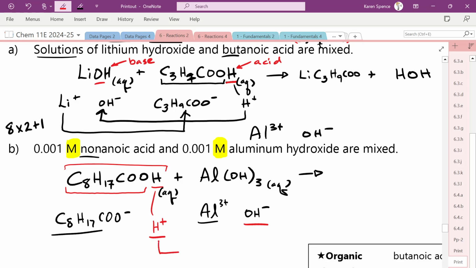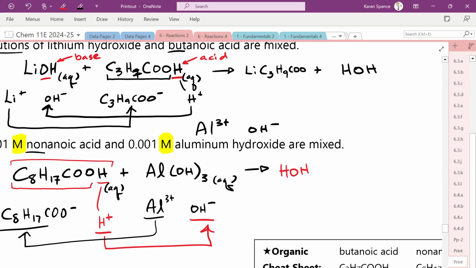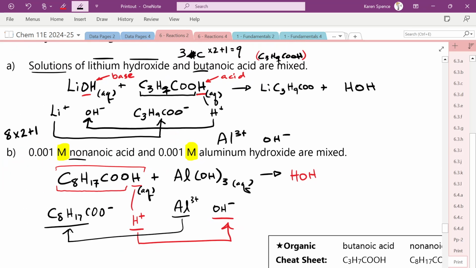So these two are going to get together, H and OH. And this one and this one are going to get together. We always write our positive ion first in the compound. So it's going to be Al, and I need 3 C8H17COOs.